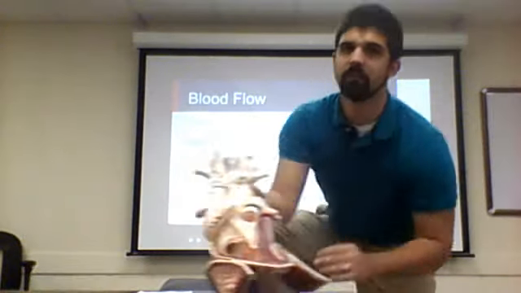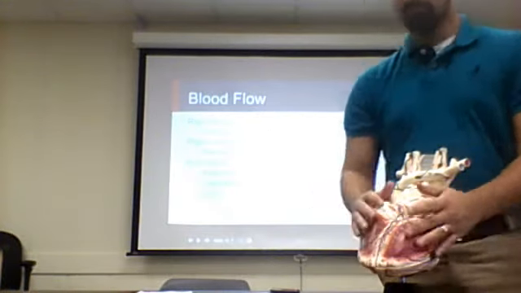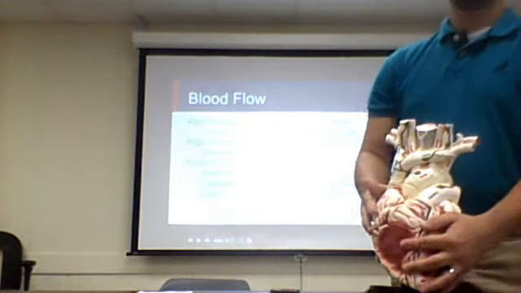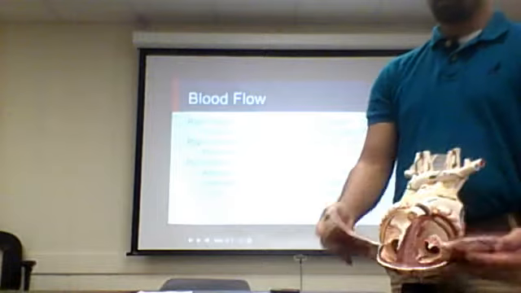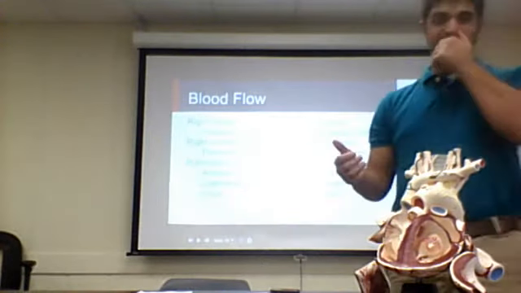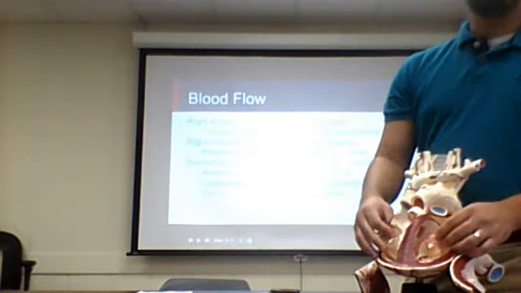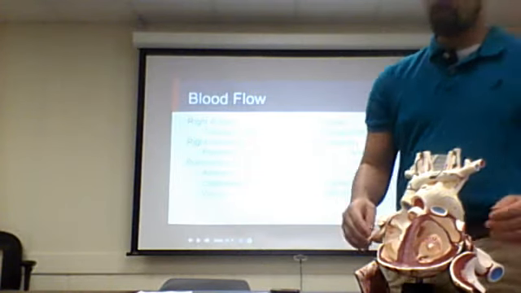So get that over here with me. Your right atrium is essentially top right. The right atrium is filled with blood. And what's our saying we remember for the valves? Try before you buy. That's right.